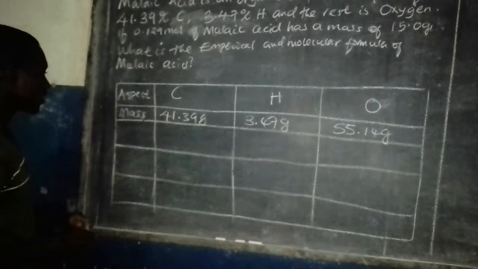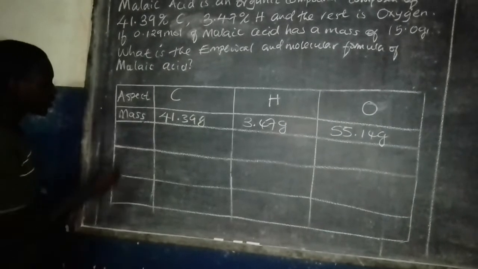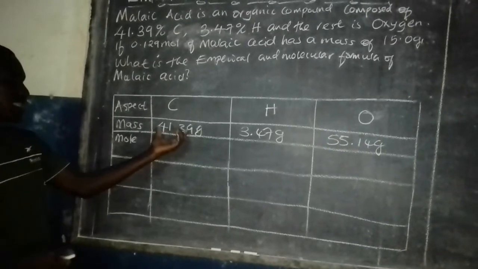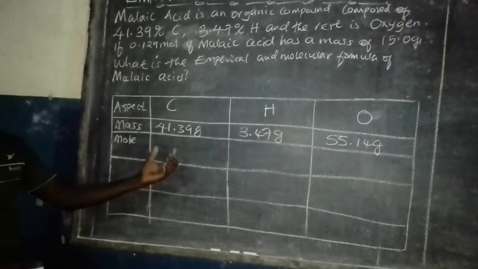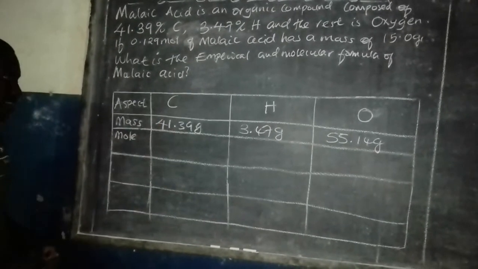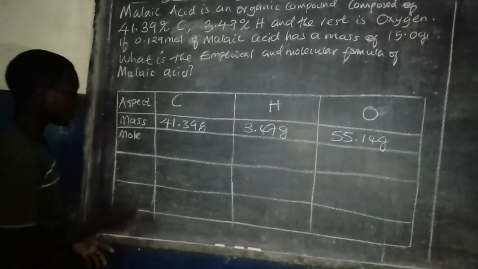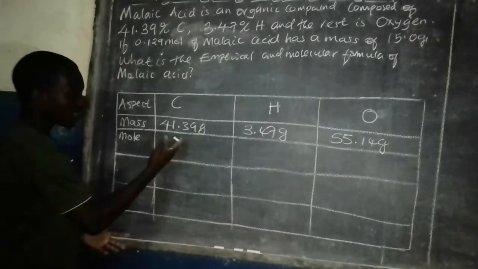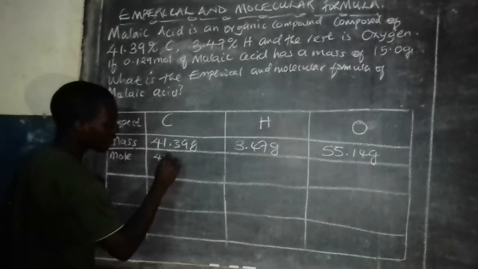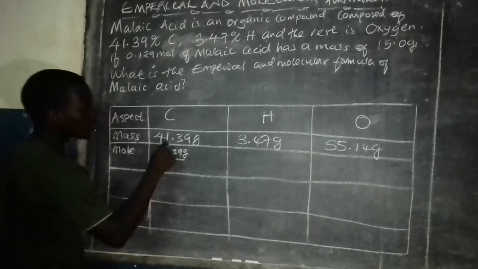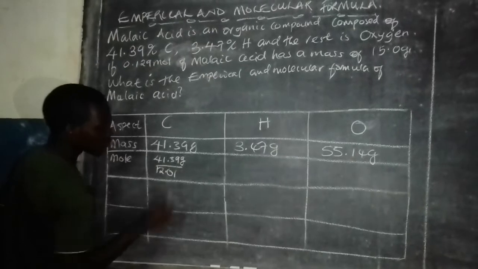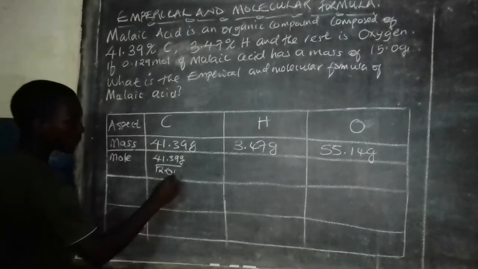Now let's look at the next aspect, the mole aspect. If this is the percentage composition of carbon, then how many moles of carbon are in malic acid? We know that the number of moles is given by mass over molar mass. So the mass here is the same 41.39 grams over the molar mass of carbon. You check on the periodic table that it is 12.01 grams per mole.